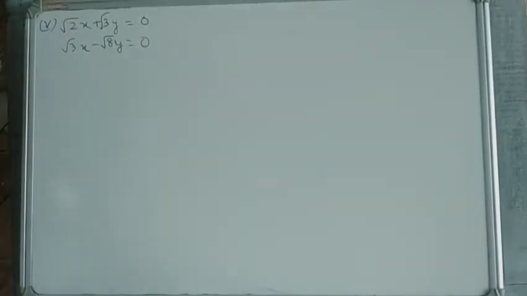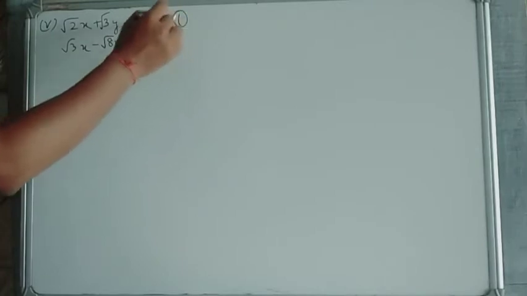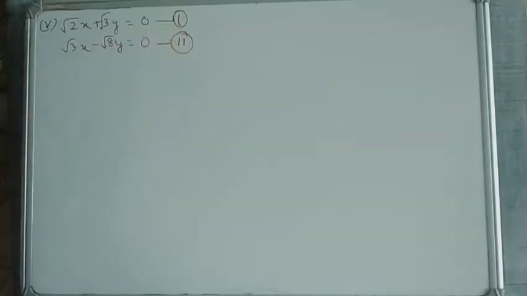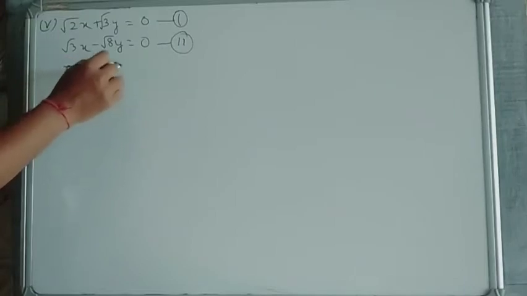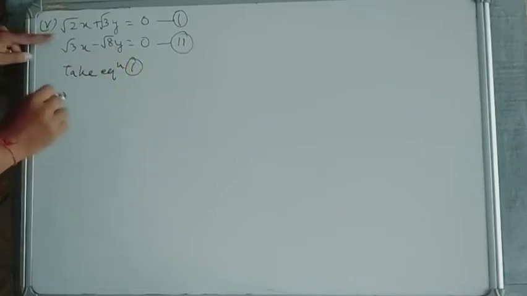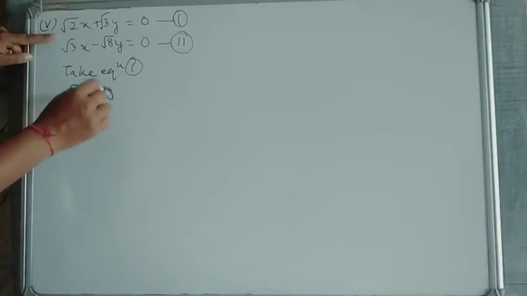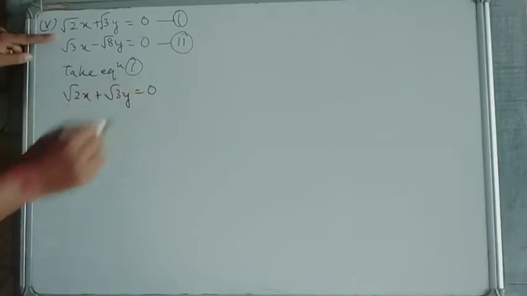Now the next question which we have is root 2 x plus root 3 y equal to 0 and root 3 x minus root 8 y equal to 0. Now we cannot do any simplification here. We will take this one as equation number 1, this one as equation number 2, as earlier. Take equation 1: root 2 x plus root 3 y equal to 0.